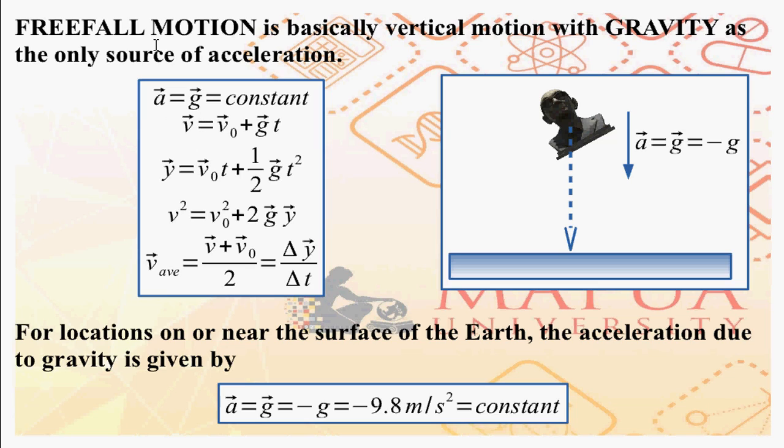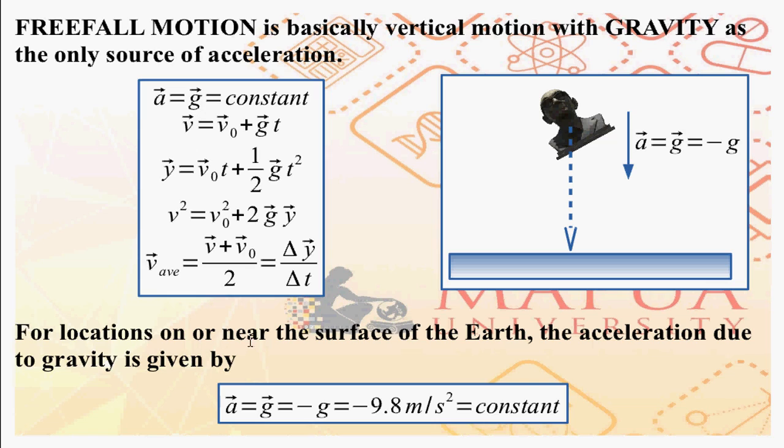In freefall motion, the object is restricted to move along the y-axis, along the vertical axis, and the only source of acceleration is gravity. The acceleration a is equal to the acceleration due to gravity, and it is constant at that value.